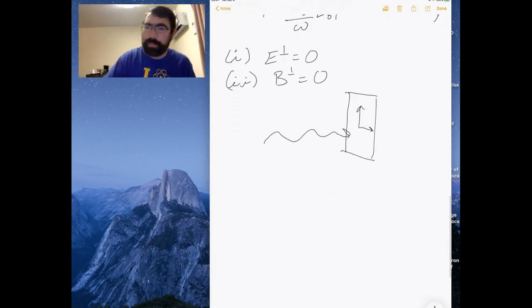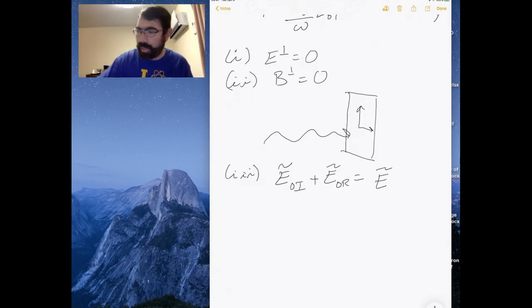Okay, so that means the only thing you have to care about is the parallel components to the interface. And so that means that our amplitude for the incident plus our amplitude for the reflected is equal to that of the transmitted.